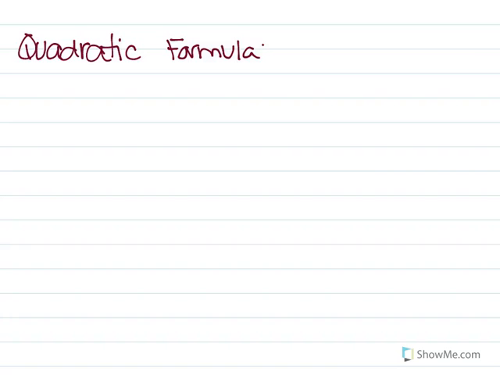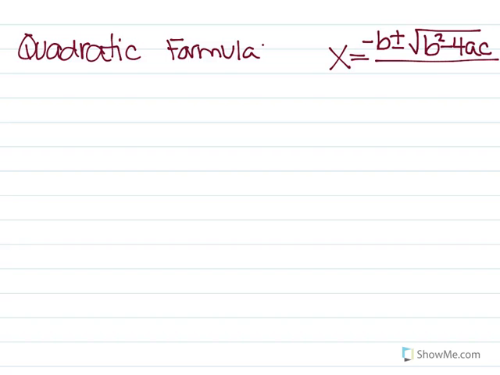What we have to remember is, I'm going to write the quadratic formula again. x equals negative b plus or minus the square root of b squared minus 4 times a times c, all over 2a.